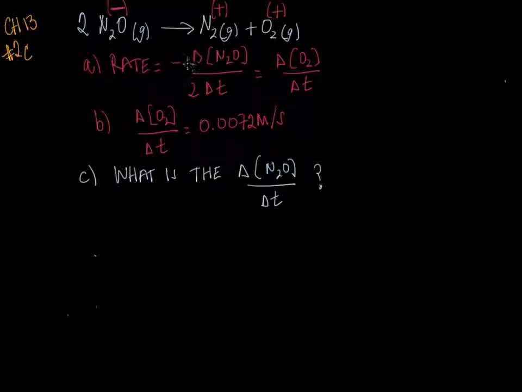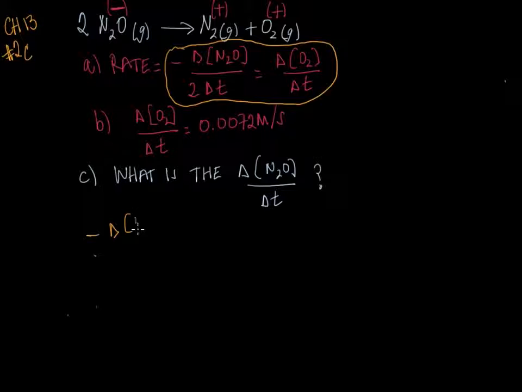Okay, so we're basically going to be using this part of the rate expressions, which is an equation. And we're going to solve for this quantity here just by multiplying both sides by 2. We have this whole quantity here, which is 0.0072 molar. So let me write it out in a little bit of detail.